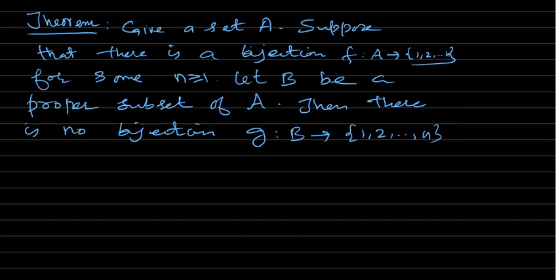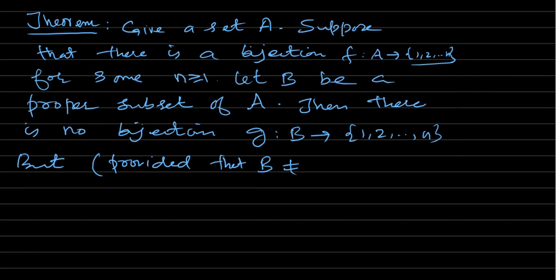So what it means to say is that if the cardinality of A is n, then for any proper subset you take, its cardinality cannot be n. This is precisely what it says, because if there were a bijection then the cardinality would be n; so it says there is no bijection, meaning the cardinality of B is not equal to n, where B is a proper subset of A. But the condition is that B is a non-empty set.